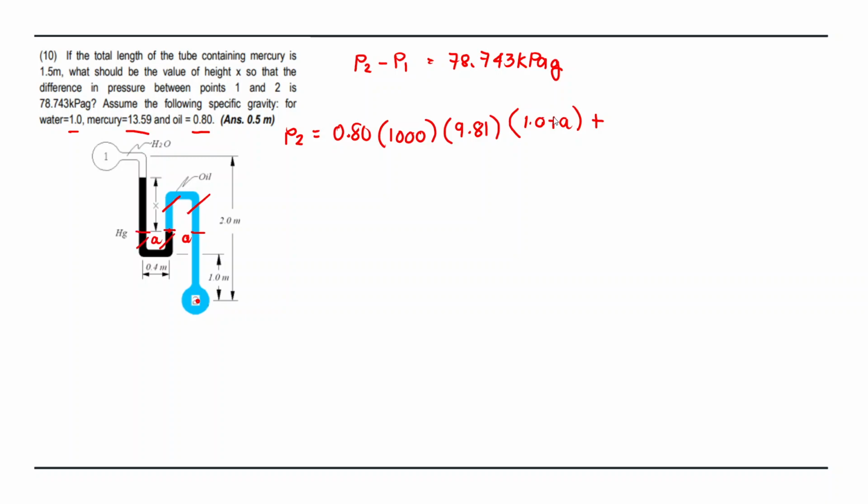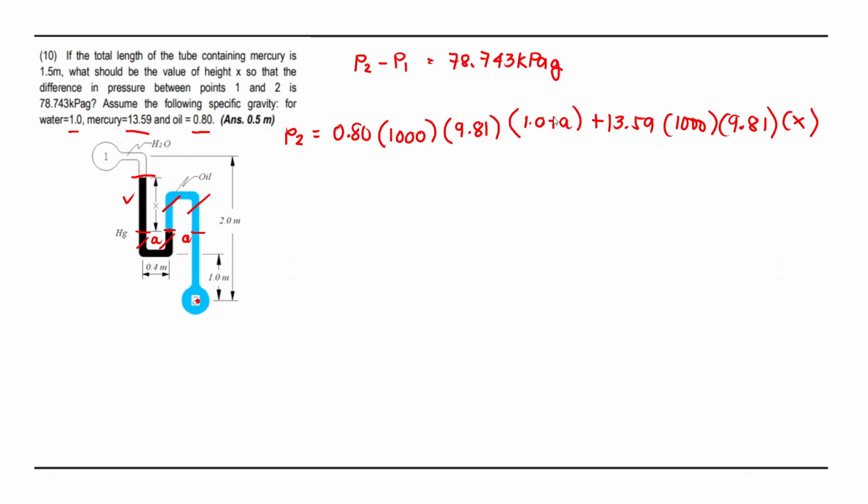Eto naman tayo, plus siya kasi pag ganyan, mas mataas to, so positive. This is mercury, so 13.59 times 1,000 times 9.81 times height na x. Hindi natin alam. Okay na tayo dyan.